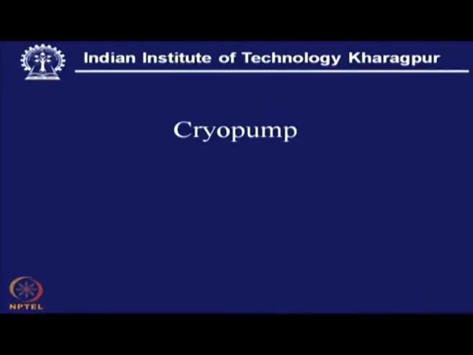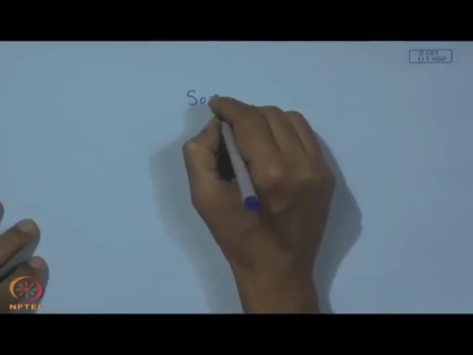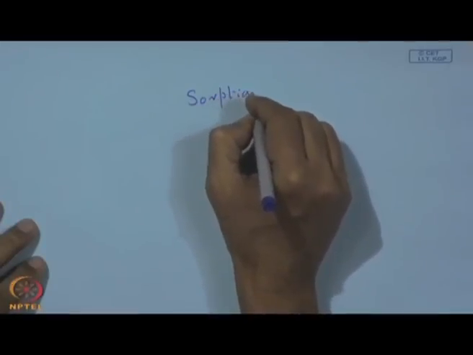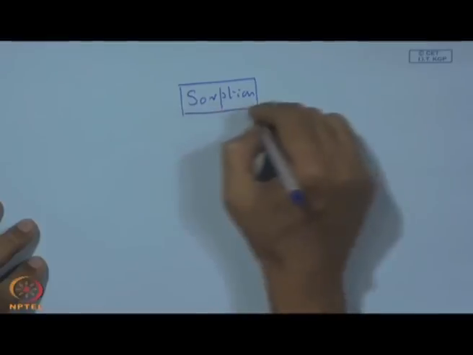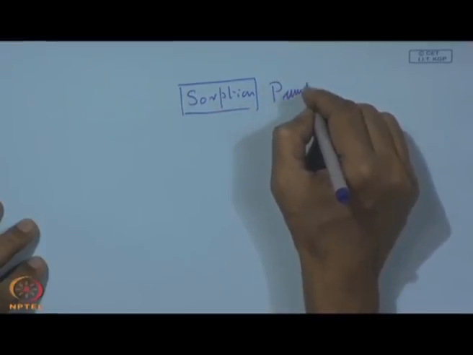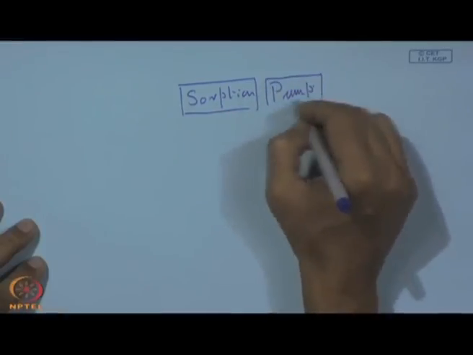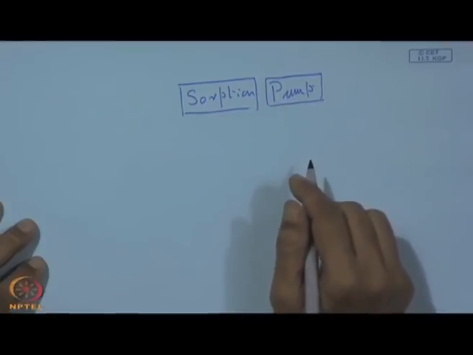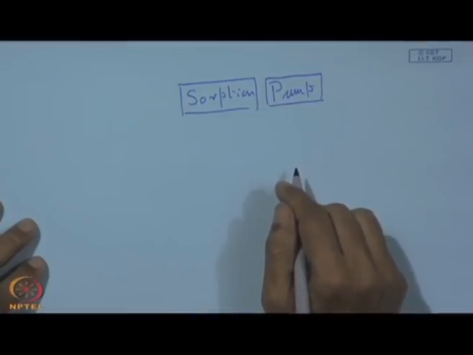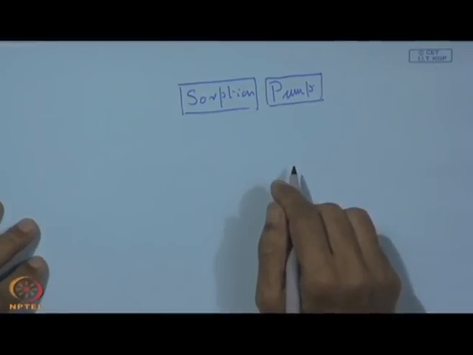Now, we can see this cryo pump, that means it is actually the use of a cryogenic medium. When we discussed the sorption pump, we saw that it is adsorption on the surface of a molecular sieve, which is supercooled by liquid nitrogen.